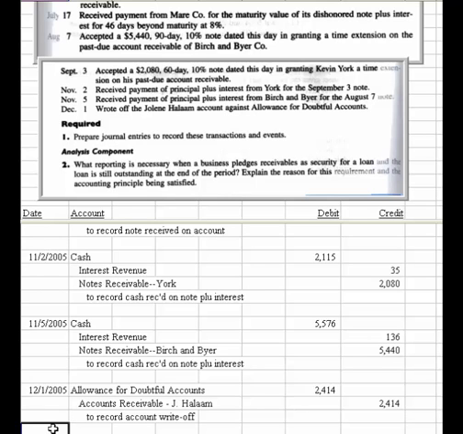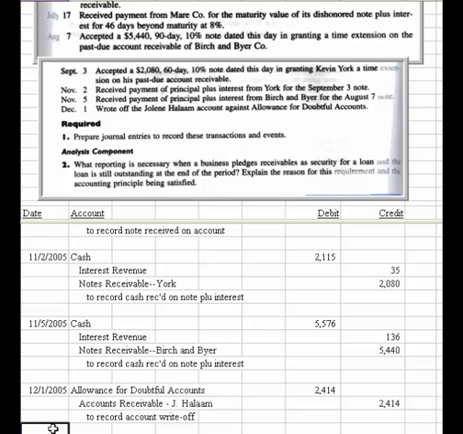Okay, when a business pledges its receivables as security for the loan, and the loan is still outstanding at the period end, we have a disclosure issue, and we must disclose that the receivables are security in the notes to the financial statements. And this is a requirement because the business has committed a portion of its assets to cover a specific portion of its liabilities.